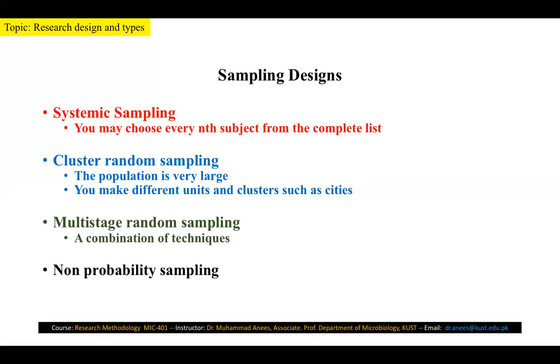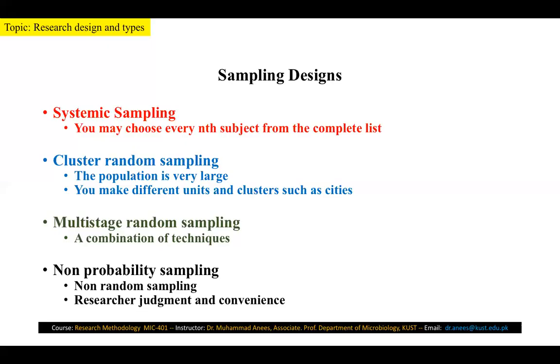The second group of sampling techniques is non-probability sampling. It is a selective kind of sampling. It doesn't involve random selection of units. So it's a non-random sampling. It is mostly based on your judgment, and the second important factor is your convenience.